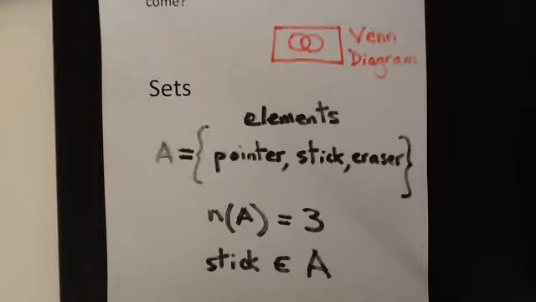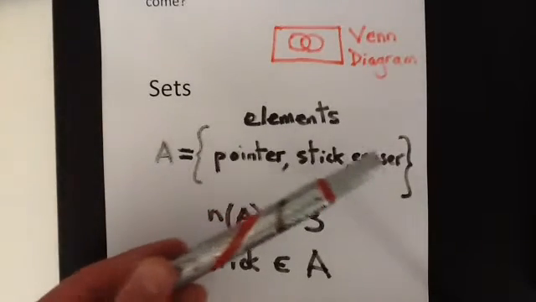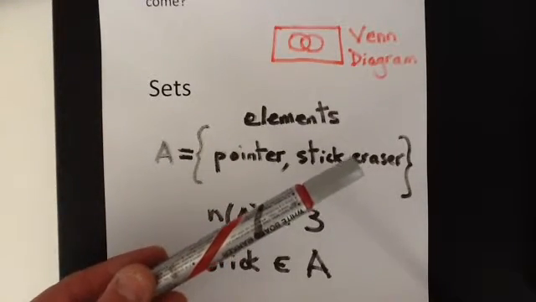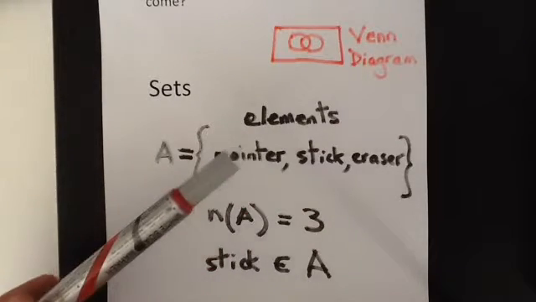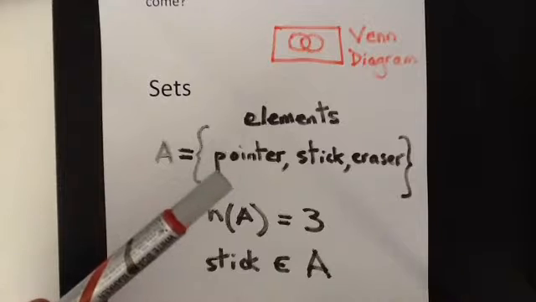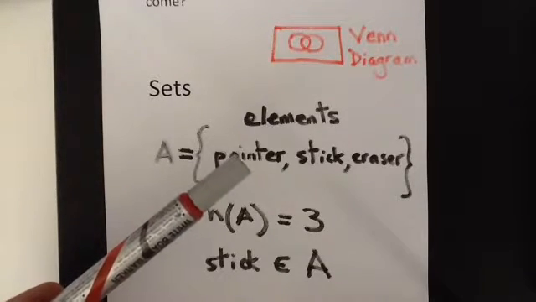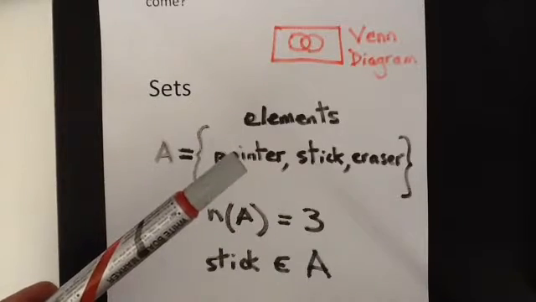Now the order in which we write the elements of a set does not matter. So we've got pointer, stick, eraser. We could have written stick, eraser, pointer. We could write them in any order, because think of the box, it just matters what is in the box, not the way you say them.